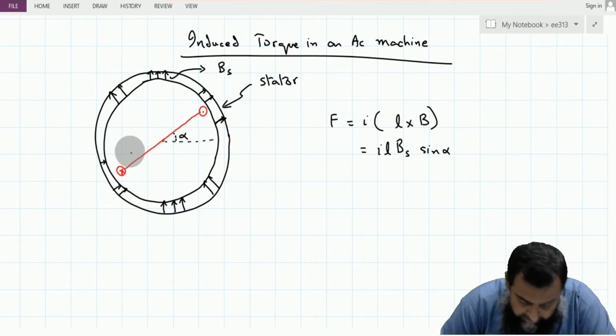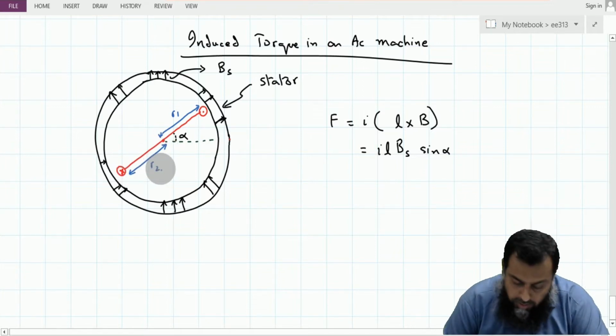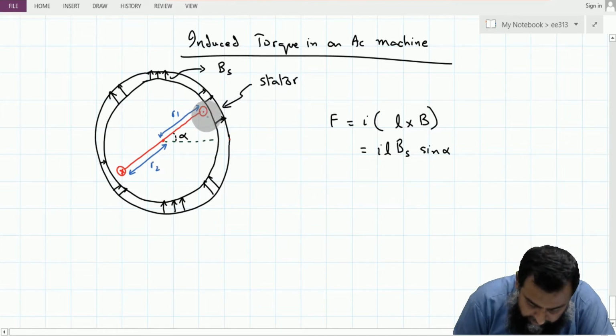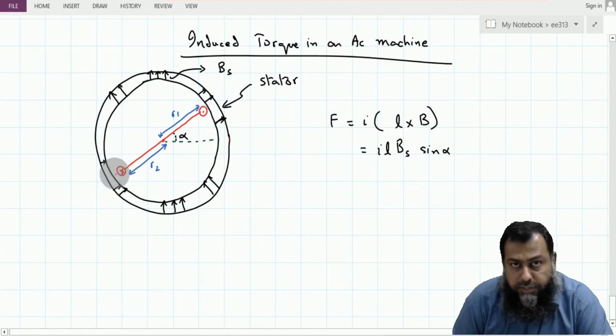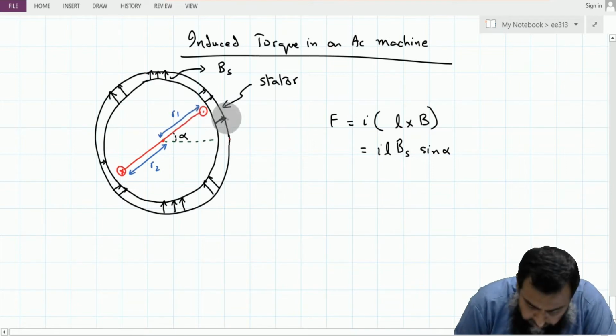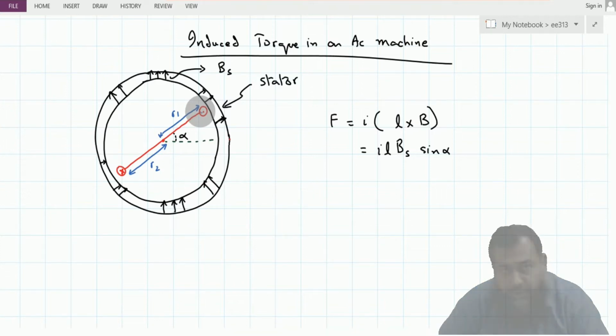Now let us say that this one is the conductor number 1. So the radius, this distance is R1, and this is conductor number 2, and therefore this is R2. And now we will have to see the force which is acting on this conductor number 1 and the force which is acting on this particular conductor number 2. So the force which is induced on this conductor number 1 can be established by using the left hand rule.